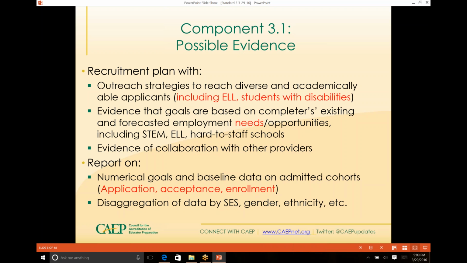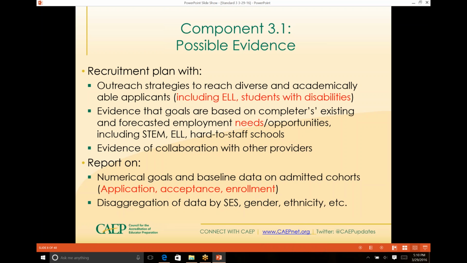And in there, CAEP has been specific about saying STEM fields, recruitment into English language learning, perhaps TESOL, perhaps bilingual education programs to prepare teachers. Also, recruitment into hard-to-staff schools.